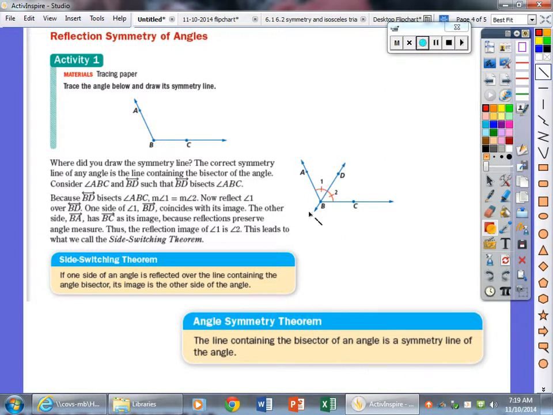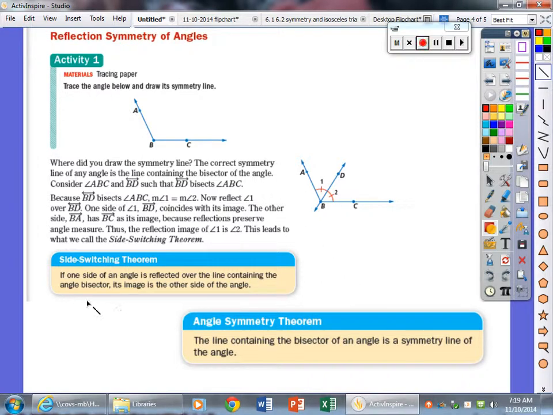So if I'm going to do an angle bisector, I'm going to have the exact same measure on both sides. Now notice that this ray appears shorter than this ray, but rays go on and on forever, so it doesn't really matter that this one appears shorter. They are still going to be a reflection of each other.